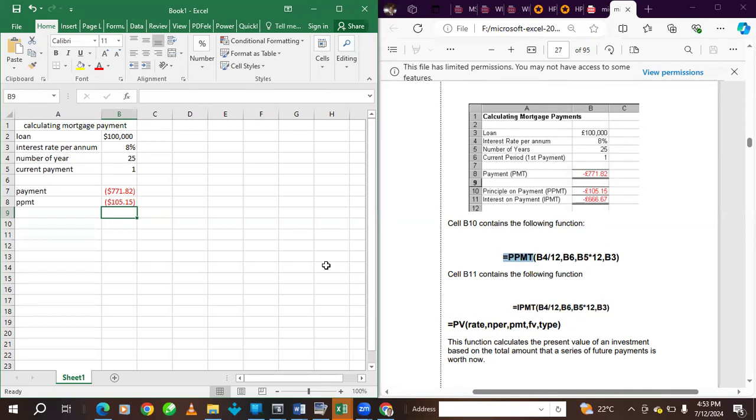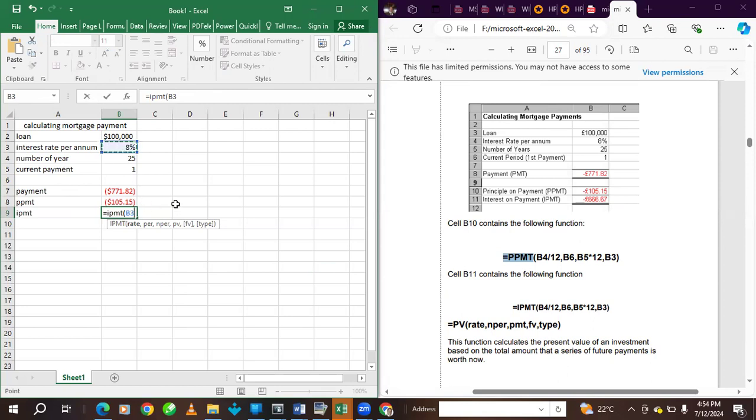So in this case, you come here and calculate the IPMT. You just say equal to IPMT. You open the bracket, and you take the interest per annum, which was 8% here.